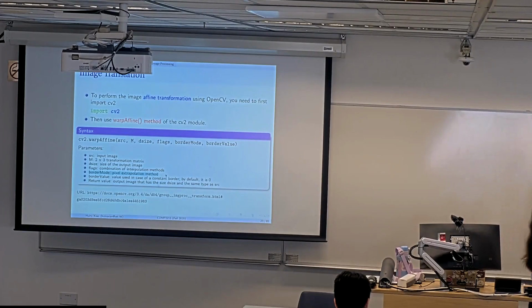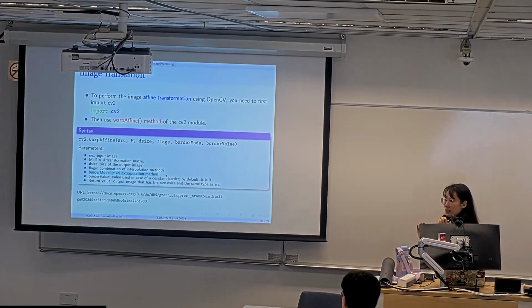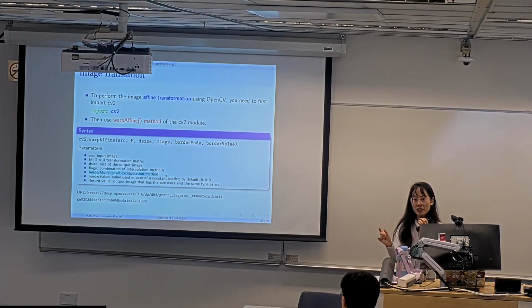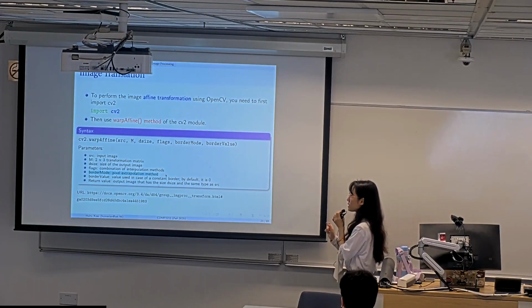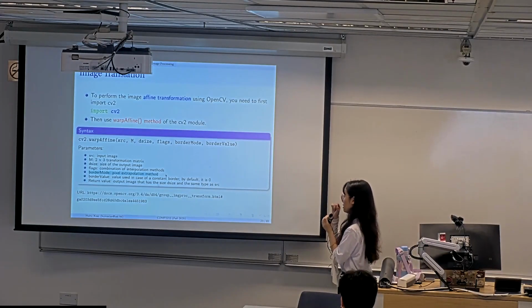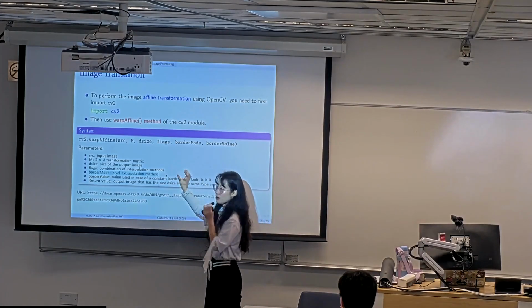The rough explanation about interpolation and extrapolation is that after some affine transformation, or possibly some other transformation, you will find that some pixels cannot find their original corresponding pixels. That means some new pixels occur in the new image. In that case, how to assign values for the new pixels depends on the interpolation or extrapolation method.